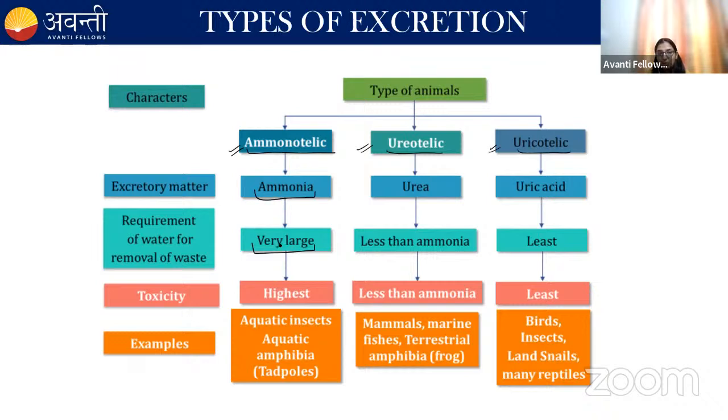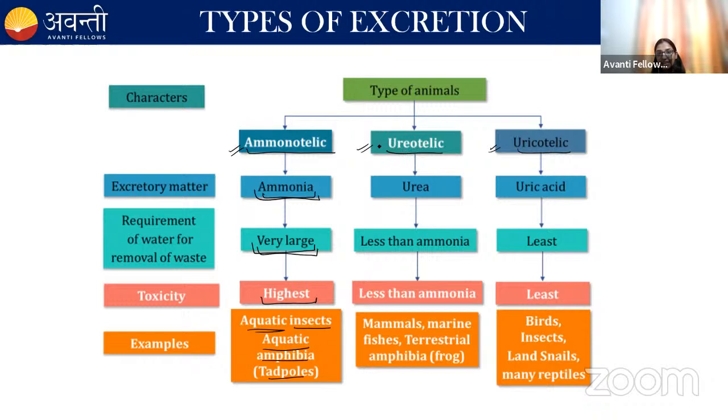So ammonia is excreted in organisms which are aquatic in nature, like aquatic insects and aquatic amphibians like tadpole. And ammonia is highly toxic in nature, so it cannot be stored in the body.